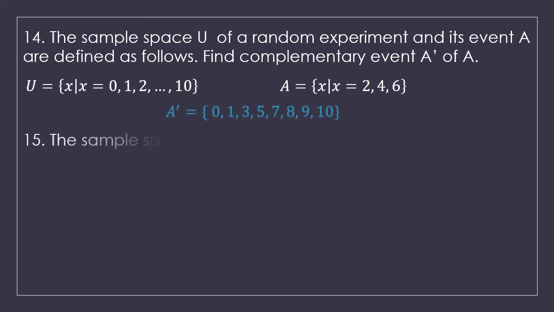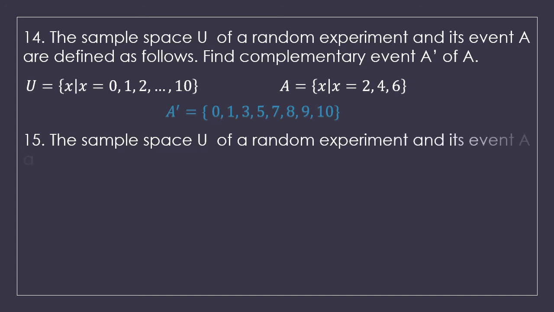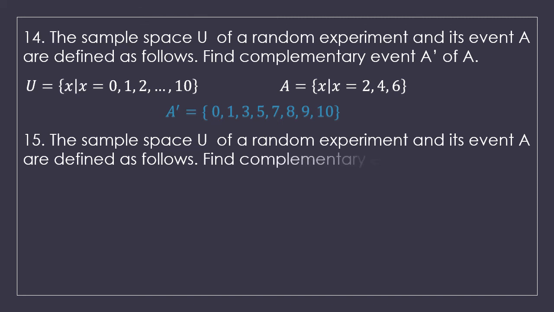Next is question 15, the last question of this exercise, a bit tricky but quite easy. The sample space U of a random experiment and its event A are defined as follows.